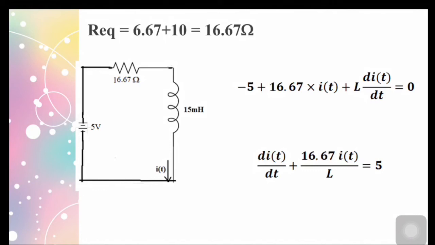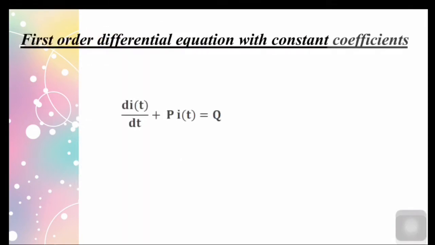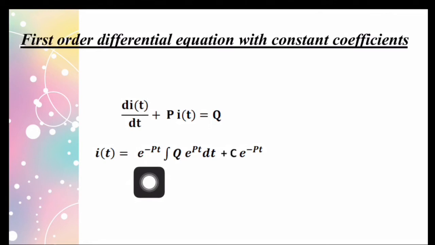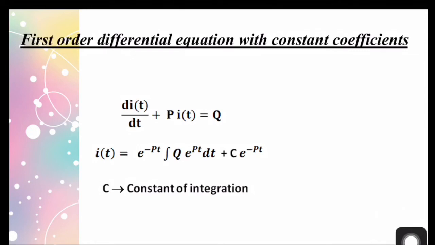So next we are going to look at how to solve a first order differential equation with the constant coefficients. di of t by dt plus p i of t is equal to q is the general form of first order differential equation. The solution is given as i of t is equal to e raised to minus pt integral q e raised to pt dt plus c e raised to minus pt, where c is the constant of integration.